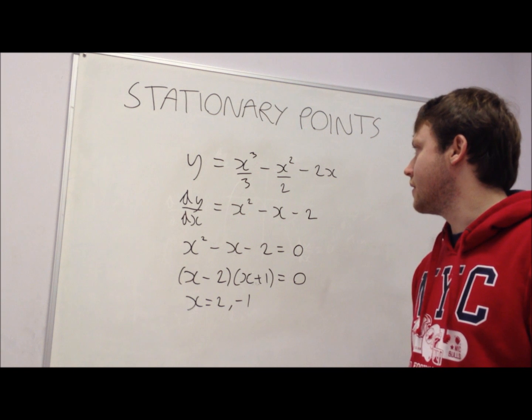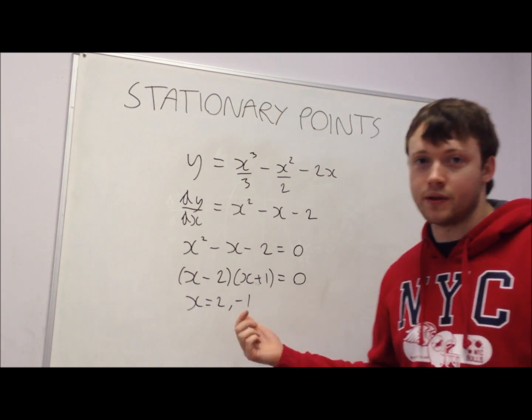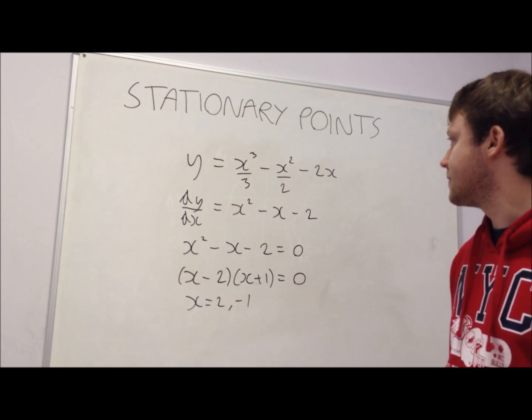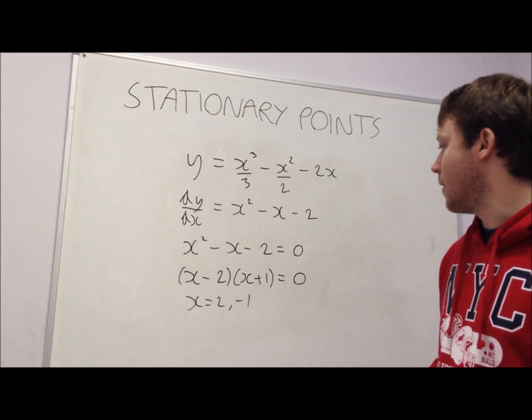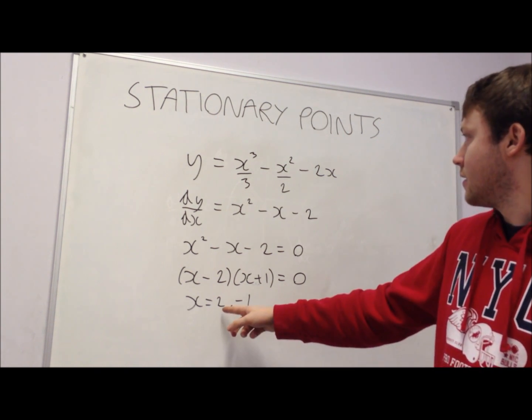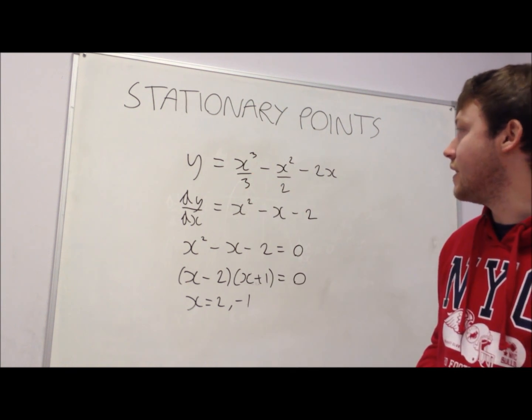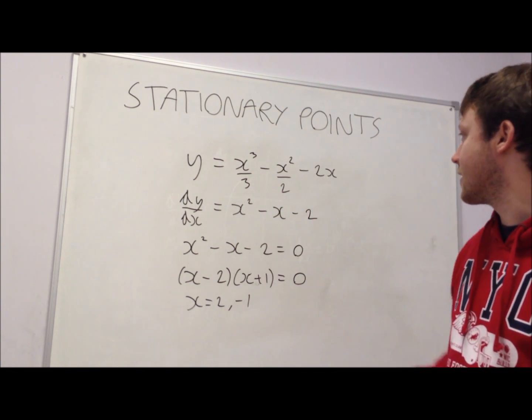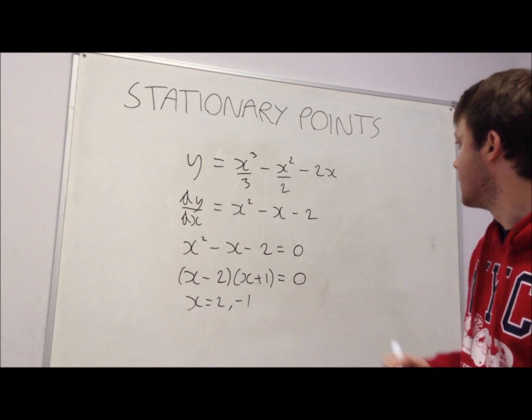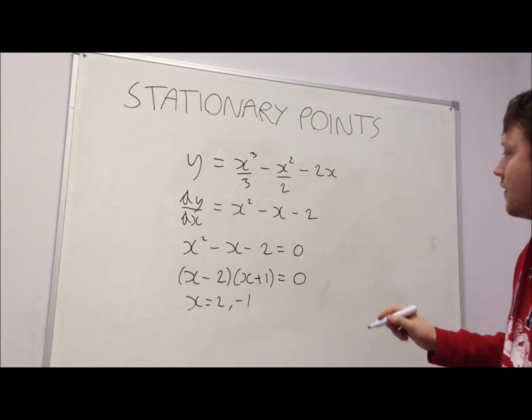So now we need to find the corresponding y coordinates to each of these. And we can do that by subbing in this x value into our initial equation, because that's just the equation of the curve. So we can do this just over here.